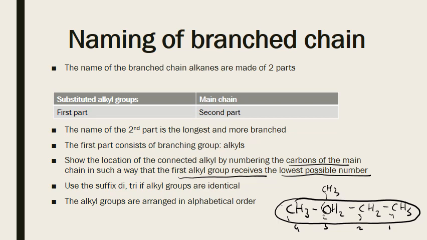We take the longest chain, and the main chain is the second part. So the second part we write is butane, because it's got 4 carbons. On the second carbon, we always take number 2 because that's the lowest possible number. So we write 2, put a dash, and because the second carbon has a methyl attached to it, we write methyl. So this will be named 2-methylbutane.